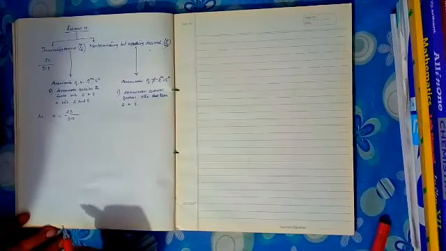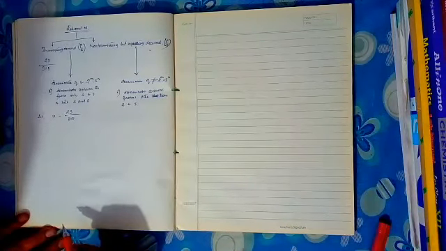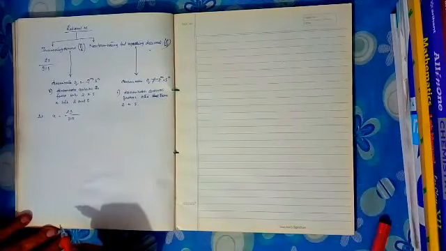For example, what we have taken? We have taken 23 by 315. So let x is equal to 23 by 315. Okay, 23 by 315.